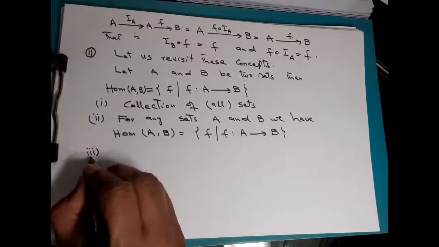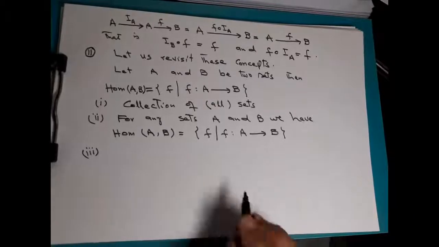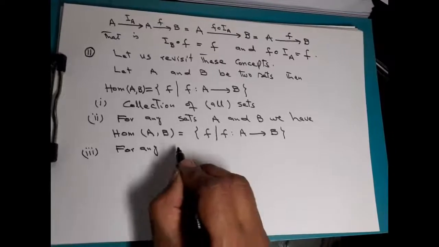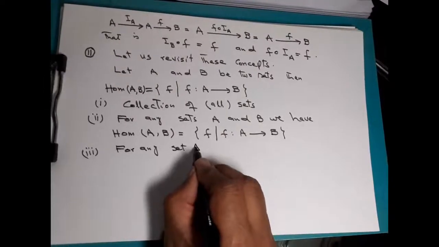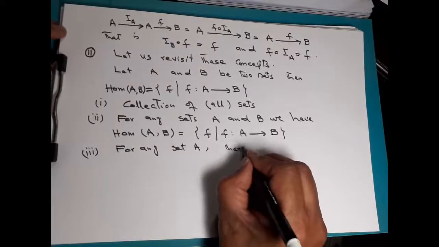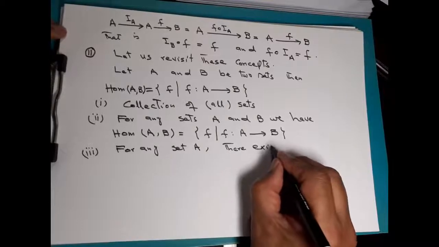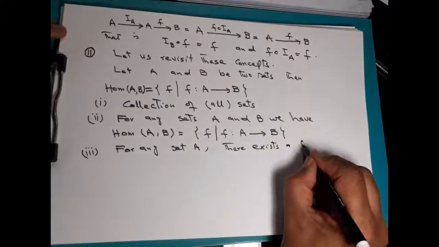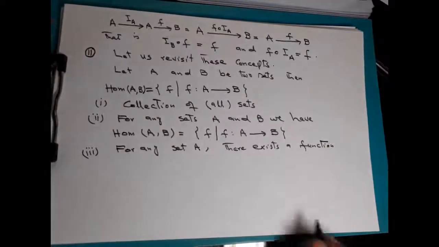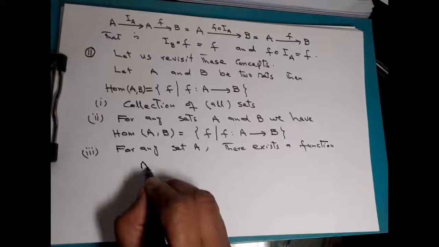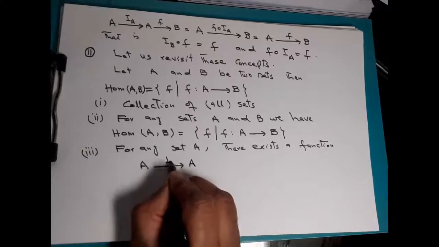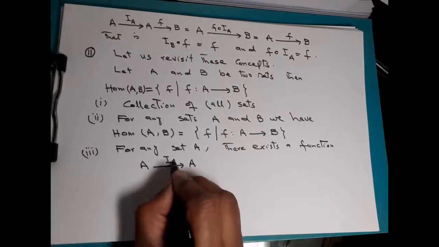And thirdly, for any set A, there exists a function with the domain A and codomain A as well, and this is the function we have already discussed, identity function.